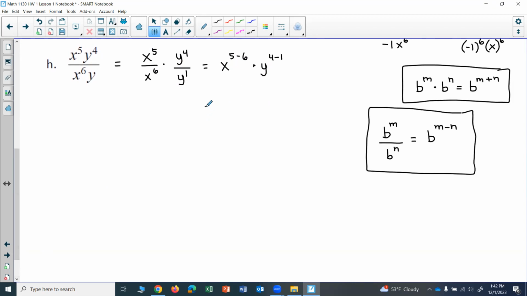All right, so this becomes x to the negative 1 times y to the positive 3. Now I have to use the rule that if I have a base to a negative exponent, that's the same as 1 over that base raised to the positive exponent.